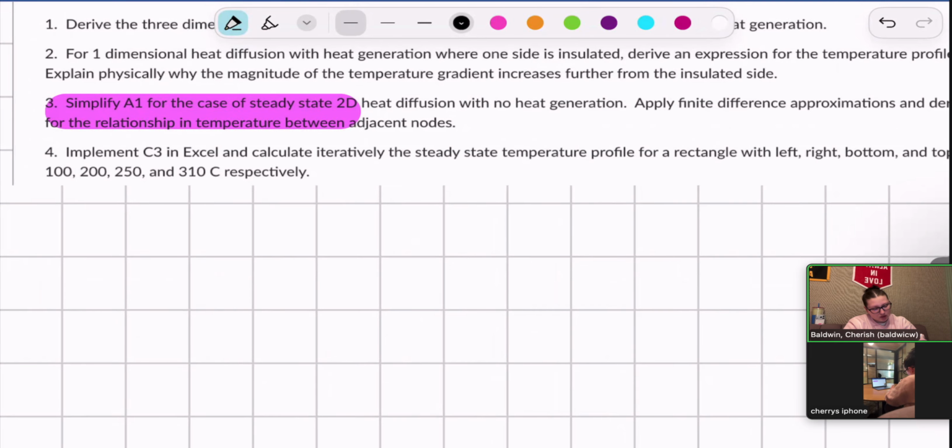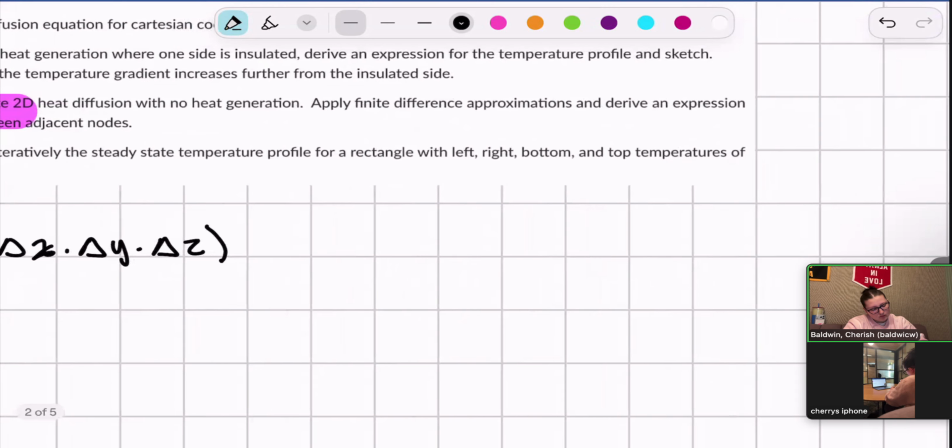Energy storage is density times heat capacity times the volume, and then the heat flow. So we have to do this for each plane.